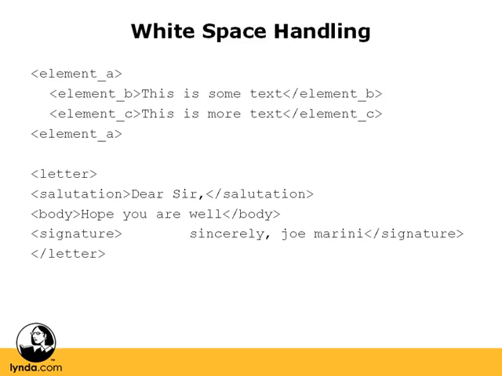In other words, it will condense a series of whitespace characters down into one single whitespace character, and it will discard all the whitespace that is leading or trailing in an element. So in the second example, it would simply discard all of the whitespace in front of the word sincerely. And if there were a series of spaces between, say, the sincerely and the comma and my name, it would condense all of the whitespace down into a single space character.